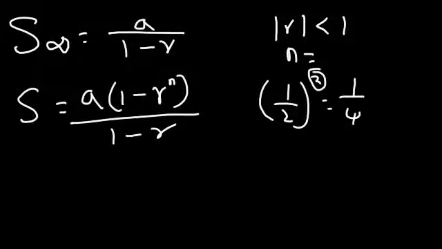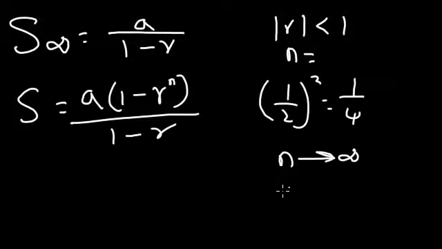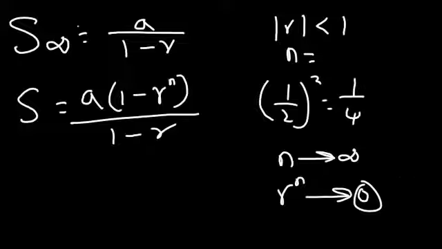As the power becomes larger and larger, this value becomes 1 divided by a big value, and 1 divided by a big value tends to 0. So as n tends toward infinity, r raised to the power n tends towards 0, because r is a fraction, and when you keep increasing the power of a fraction less than 1, the result approaches 0.